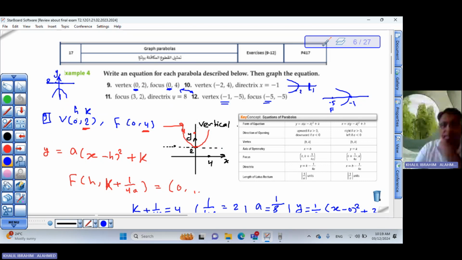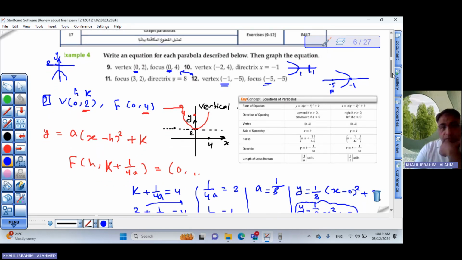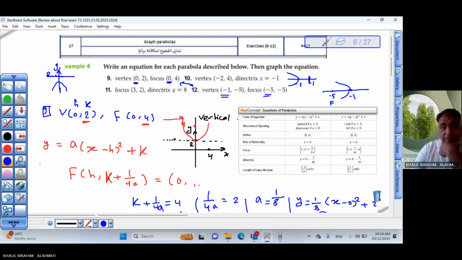This is h and k, focus 0,4. How to find the equation? This is the general formula for the parabola: y equals a times x minus h squared plus k.